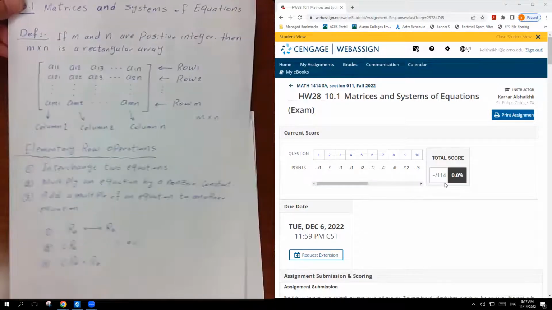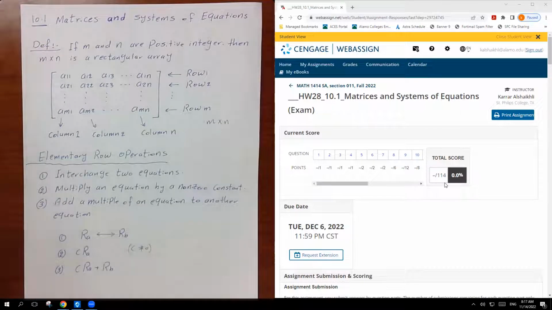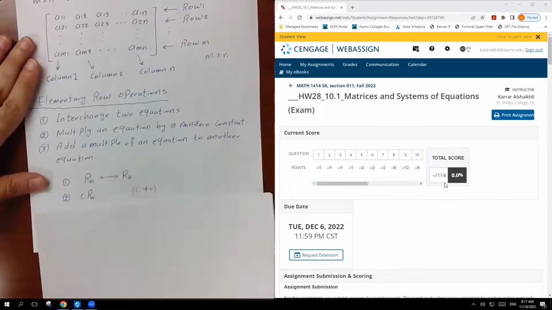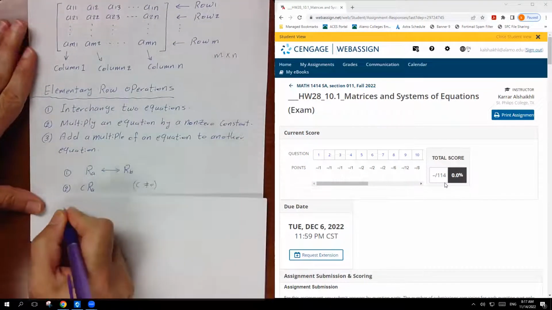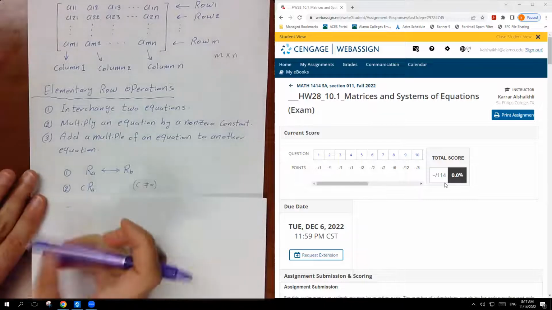Let's see how it looks with an example, because these notes are from the slides. Let's work with a system.